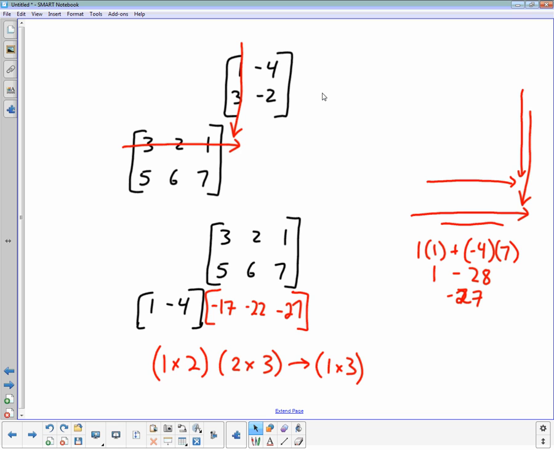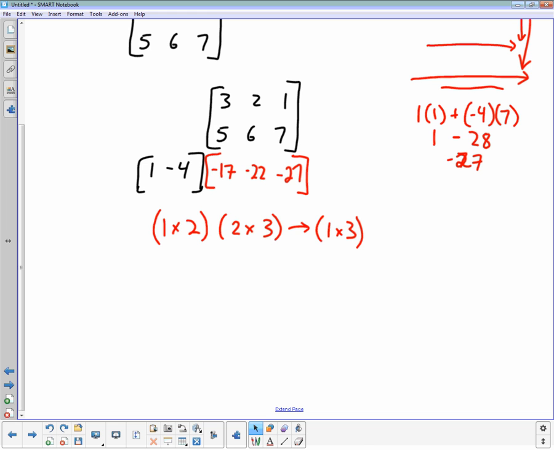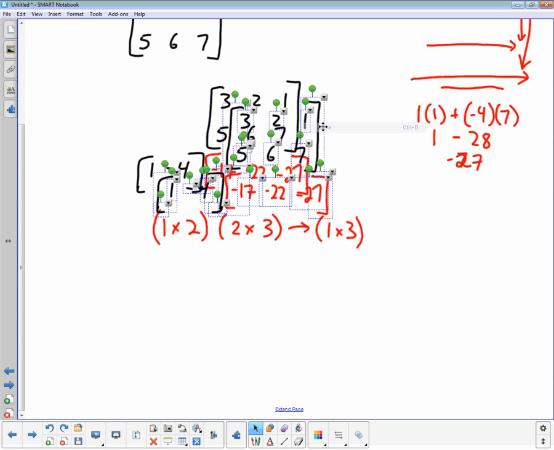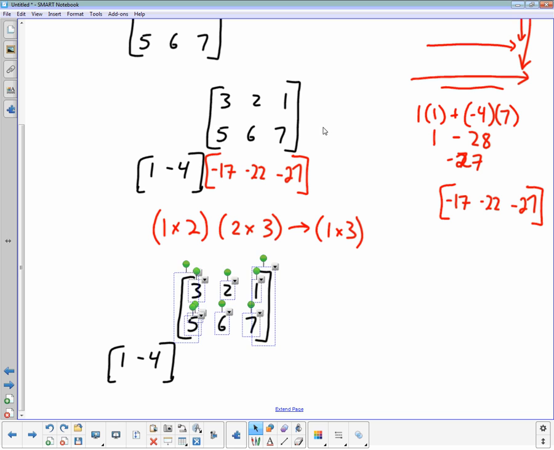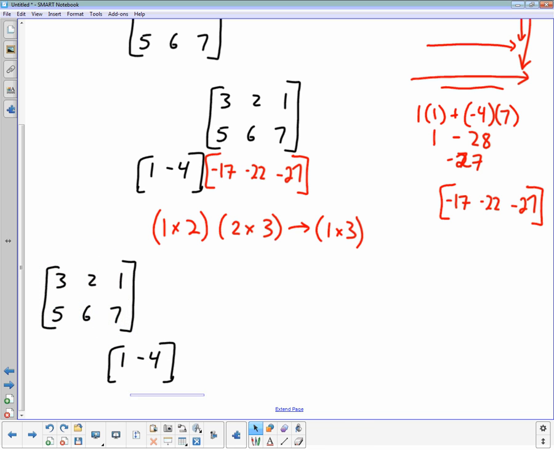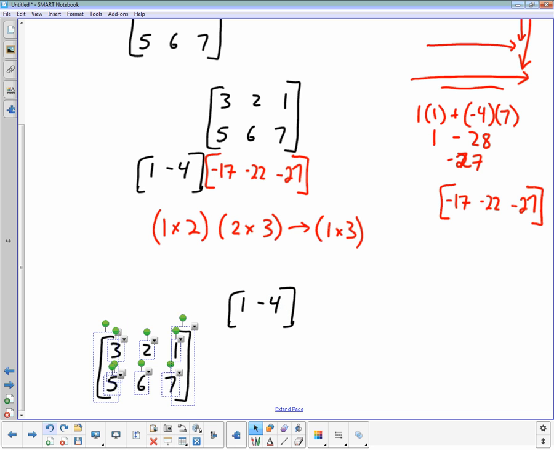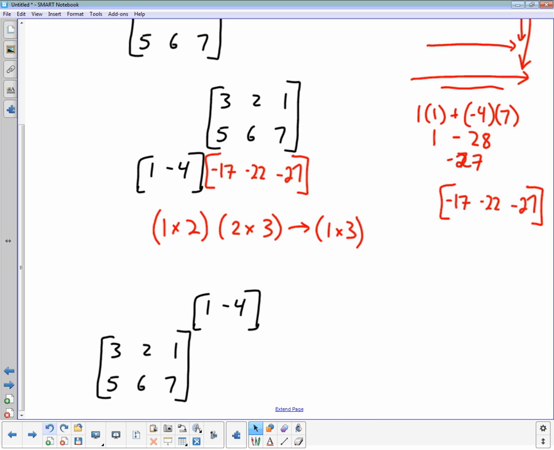What do you see? Remember, if we tried to do this in reverse, it didn't quite work, did it? This one didn't quite fly because I can do the 1 times the 3, but then the 2 and the 1 don't have any playmates.